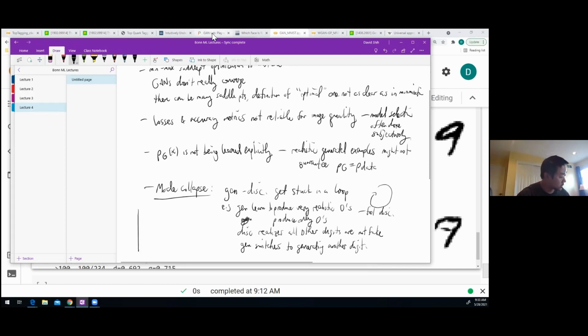So maybe another example is, let's say my data is bimodal, right? So this is the data. Then the generator can learn to just generate this mode, which follows the data very well whenever the data comes from this mode.